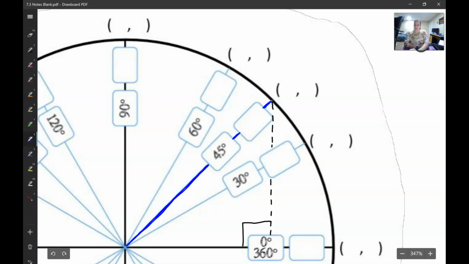Then the side-to-side part of this triangle is my x value, and the up and down part of my triangle is my y, because we've known forever that x is always side to side and y is always up and down.